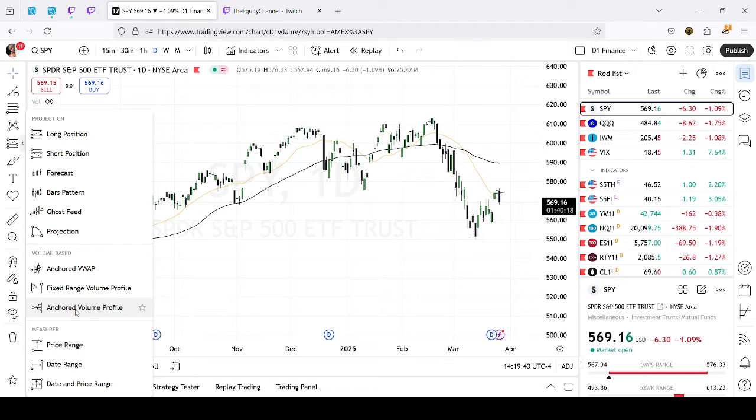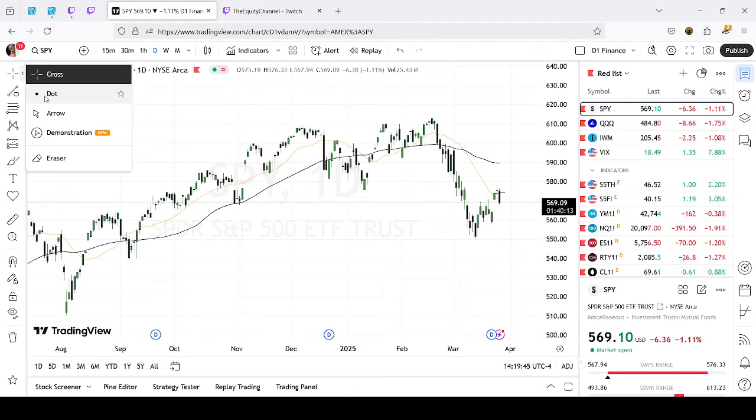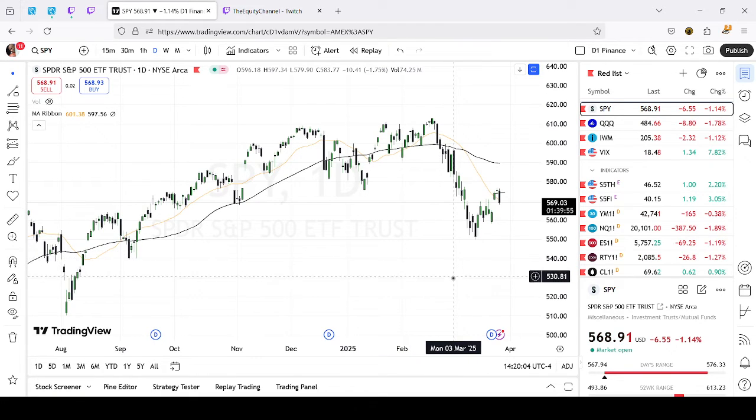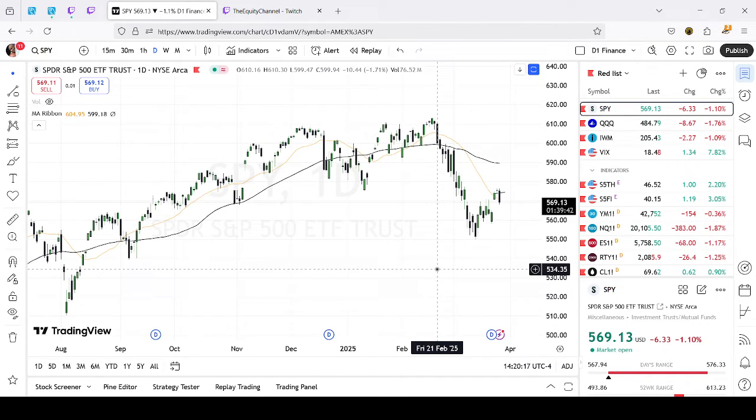Let's see here. Now we go into our left panel here, fourth down. These are forecasting and measurement tools. We select the anchored volume profile. Now, as I said, by anchoring it to a certain date, you're asking where the large buyers and sellers were most active during that period.